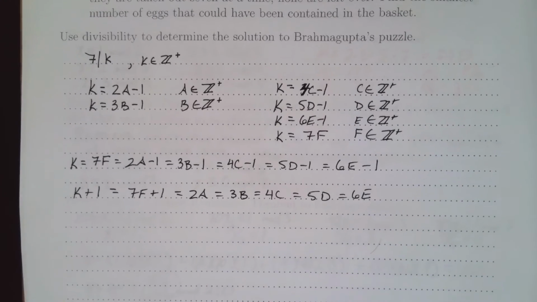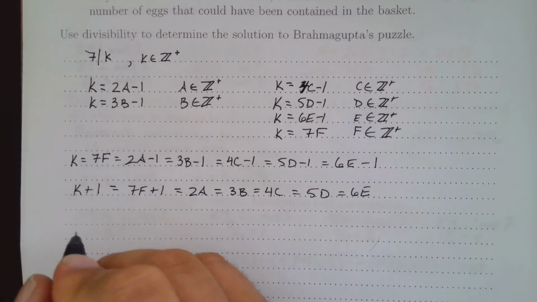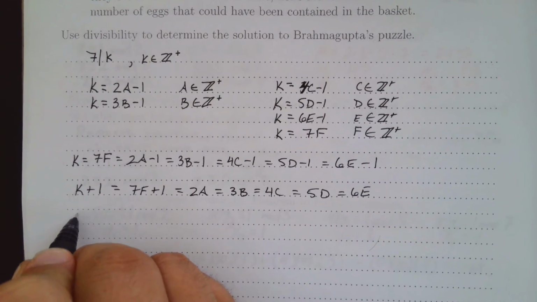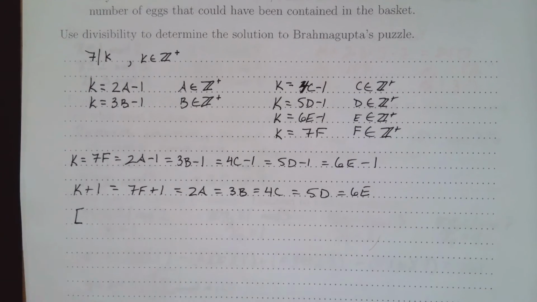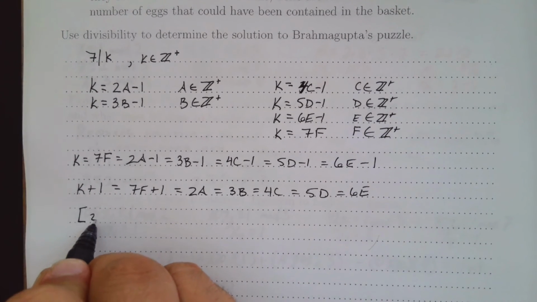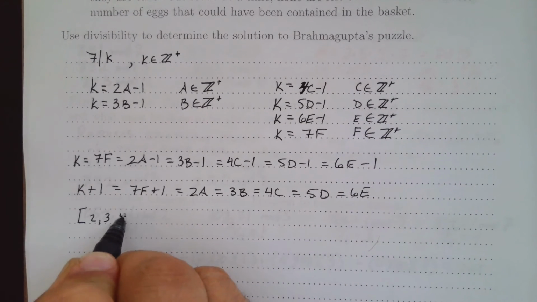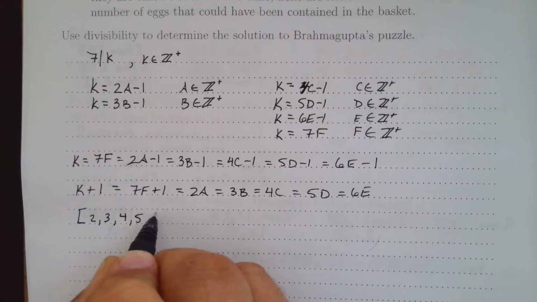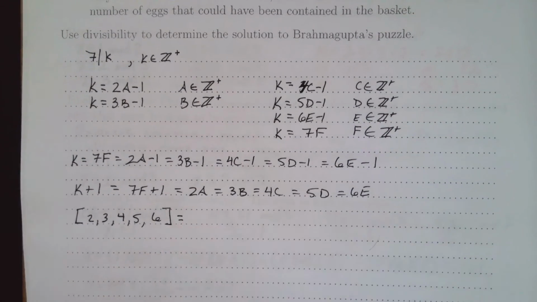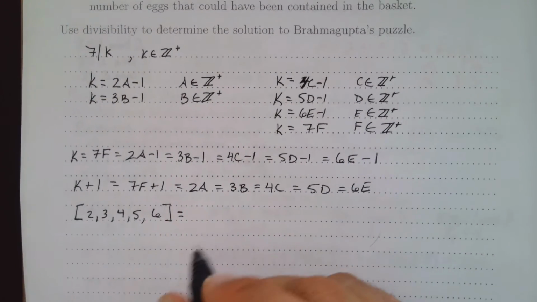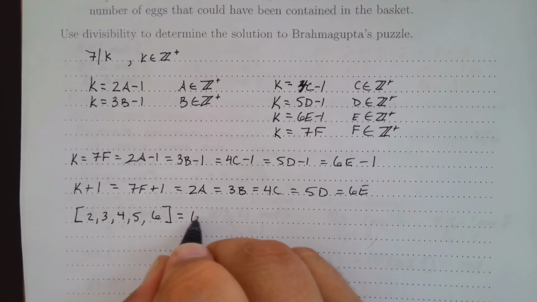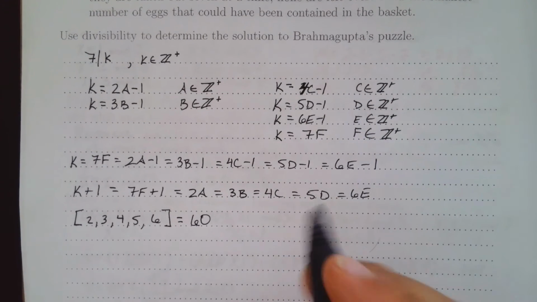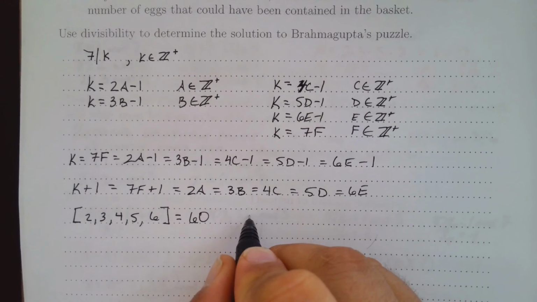Okay, now what would be my next step? What do I notice? I notice that the least common multiple of 2, 3, 4, 5, and 6 is going to be given by 60. Now, what's a way that I could do it?